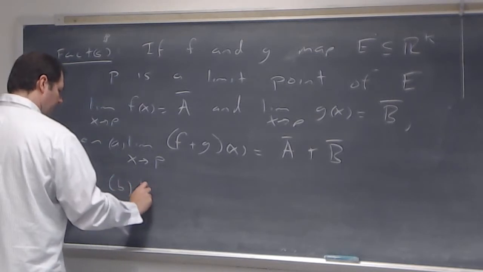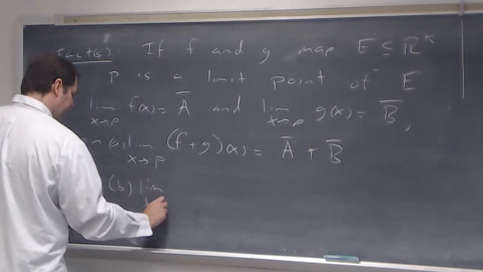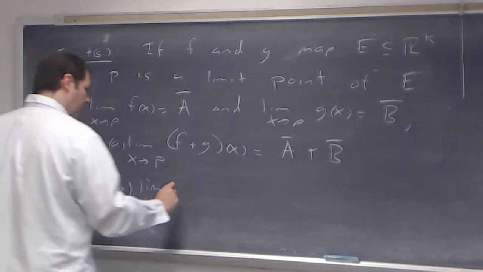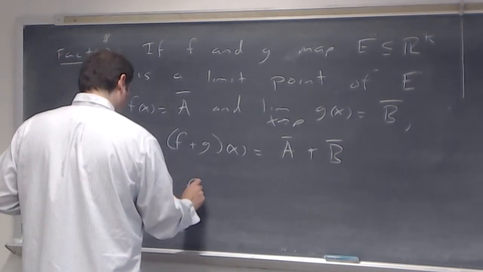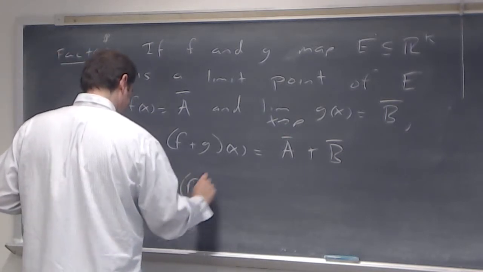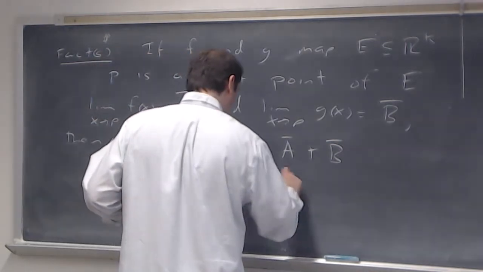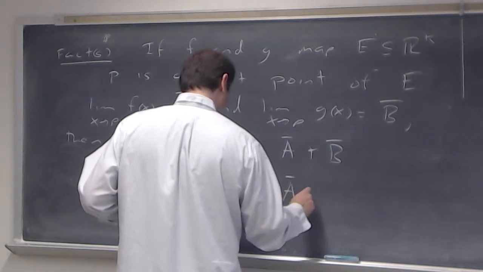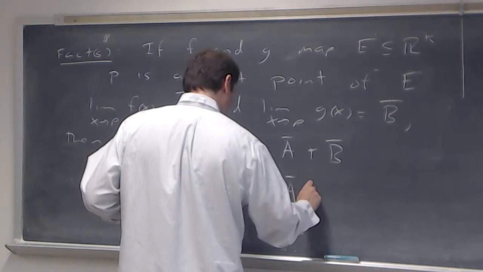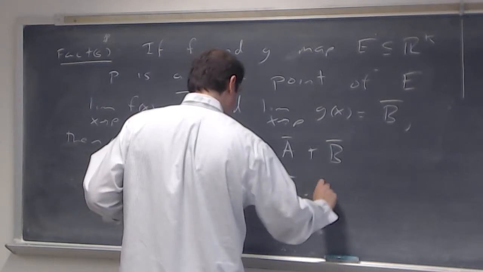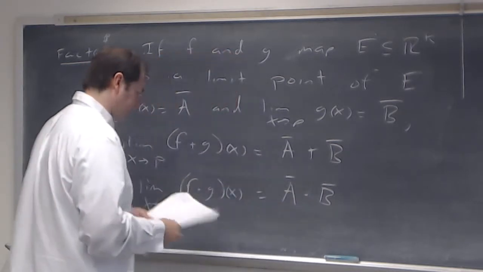Part B, the limit as x goes to p of f times g acting on x equals A bar times B bar. Now, what does this times mean?